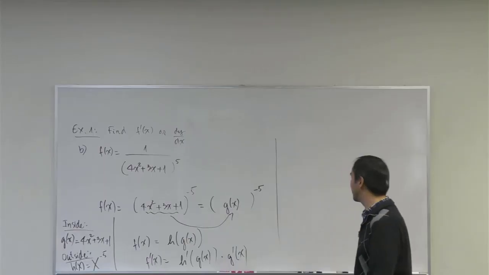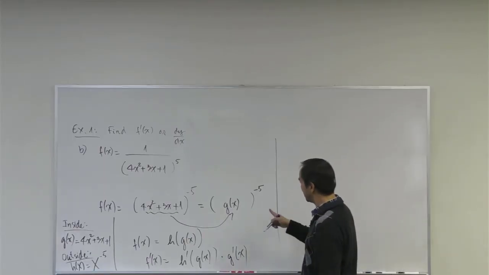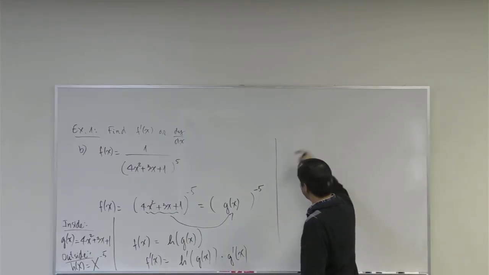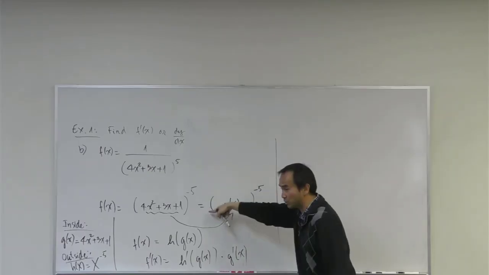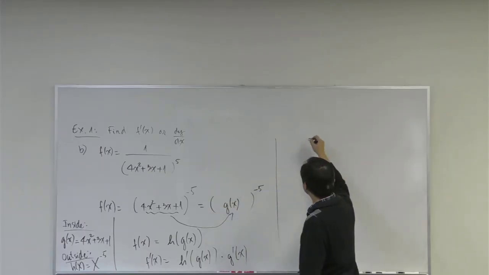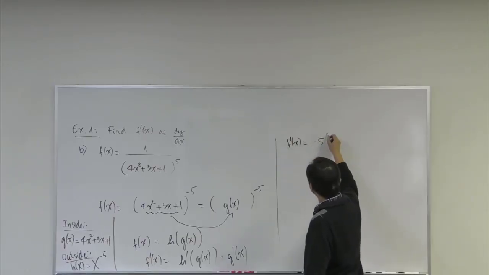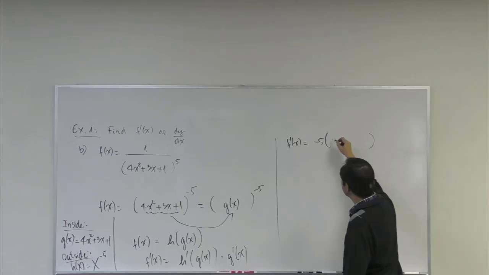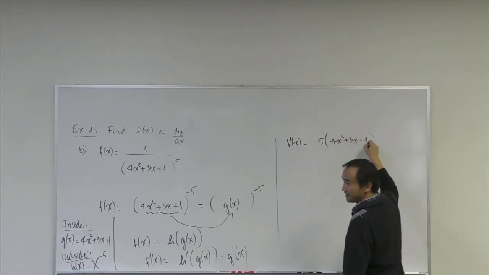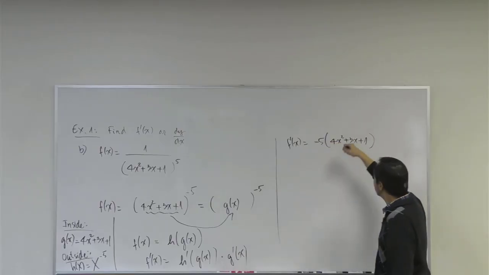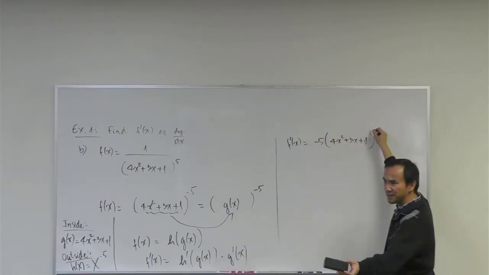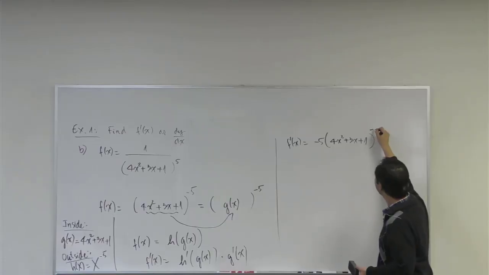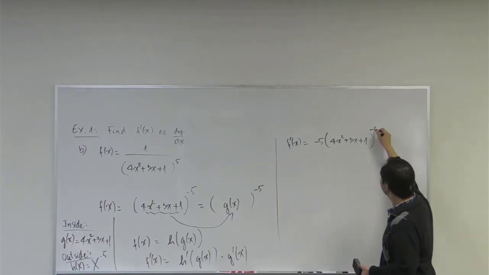Okay, so now here's how it actually works. For the outside function, when we take the derivative, the -5 is multiplied down in front. So f prime of x has -5 multiplied in front. The whole g of x stays the same, so 4x squared plus 3x plus 1. The power on this entire thing becomes -5 minus 1, which is -6.